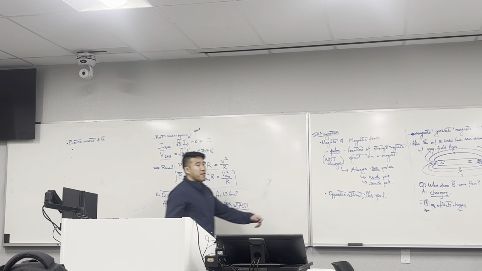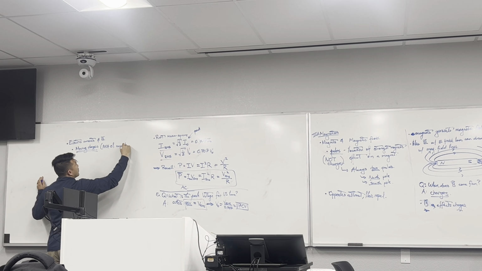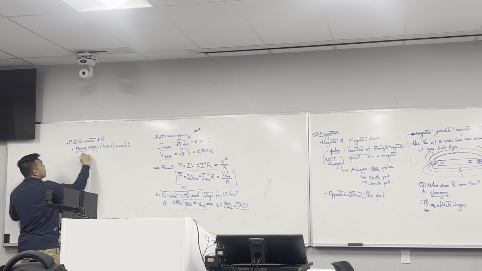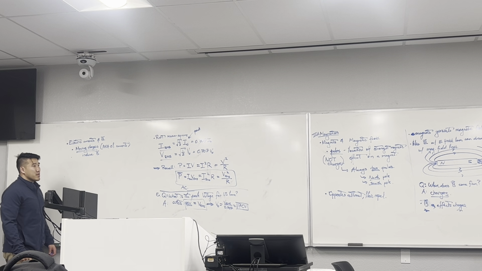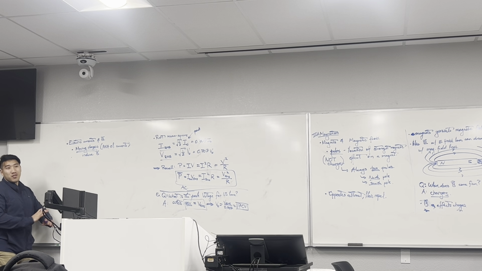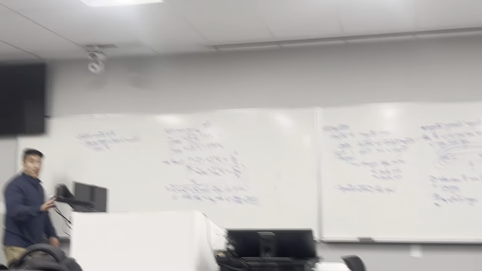Ultimately, moving charges, or we could also say electric current, they induce a magnetic field B. So moving charges generate a magnetic field. So it's not simply charges, it has to be moving. Stationary charges do not generate a magnetic field. Moving charges do.